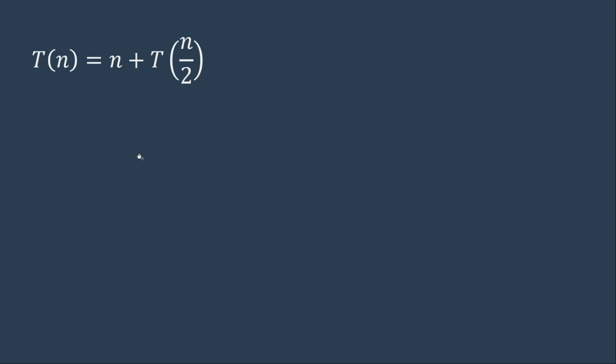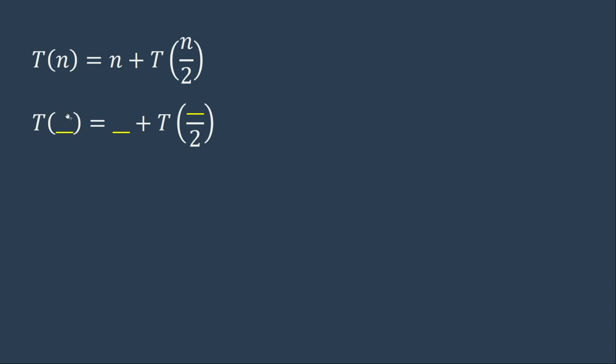So for T of n over 2, in that case, you have to substitute n over 2 for n in our definition. You could think of it as something like this. T of blank is equal to blank plus 2T of blank over 2. For all instances of n, you replace it with whatever you put here.